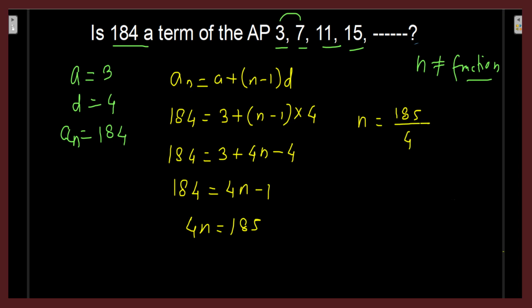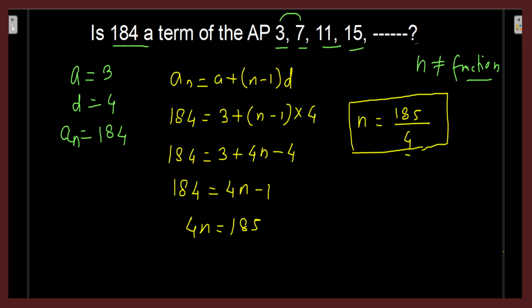If you divide 185 by 4, there will be a remainder. We cannot divide 185 by 4 completely, and therefore the number of terms that we are getting is a fractional number. And since the number of terms is a fractional number, 184 is not a term of the given AP.